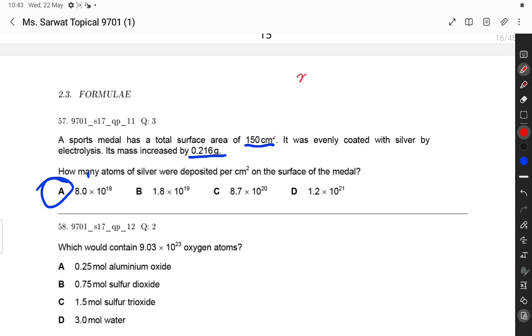So moles of silver is equal to 0.216 divided by 108. This is equal to 2 × 10^-3 mole.